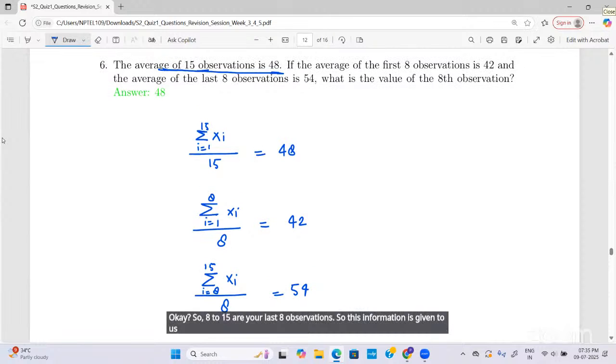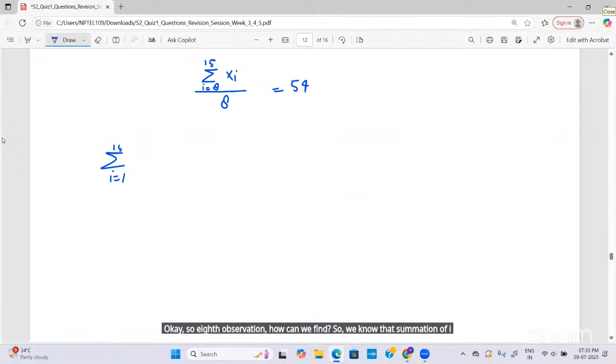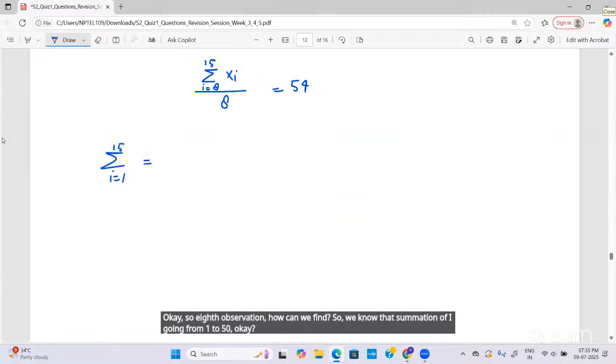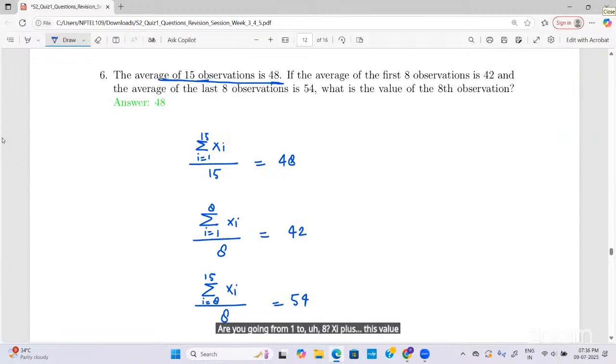Now we have to calculate the value of the 8th observation. How can we find it? We know that the summation of xi for i going from 1 to 15 should be equal to the summation for i from 1 to 8 of xi plus the summation for i from 8 to 15 of xi. The summation from 1 to 15 is 48 into 15.